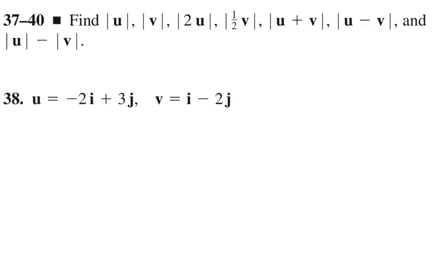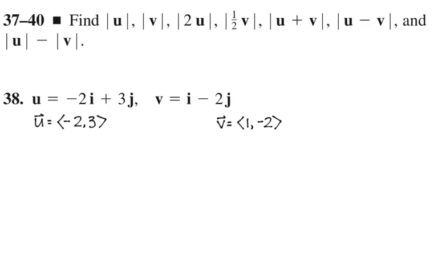Okay, the next group, we've got quite a few things to do here. This is about magnitude. Remember, magnitude was basically the idea is distance, or the length of the arrow. So we're going to use the components, and the components for number 38, for the vector u, the components are negative 2 and 3, and the components of v are 1 and negative 2.